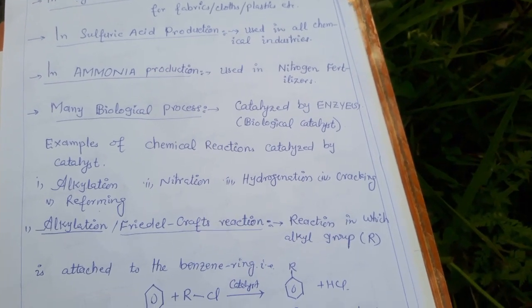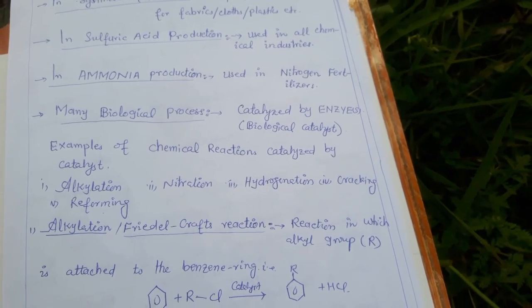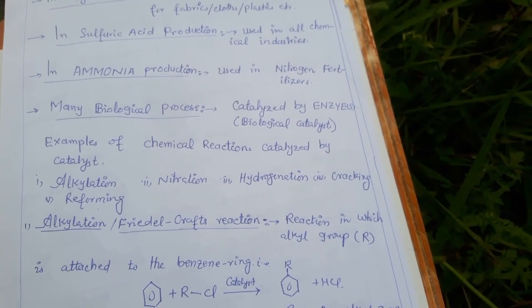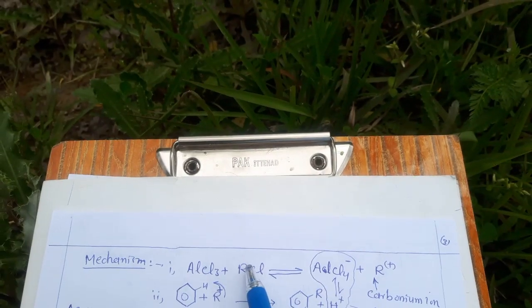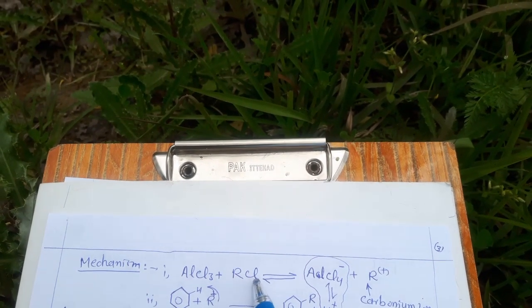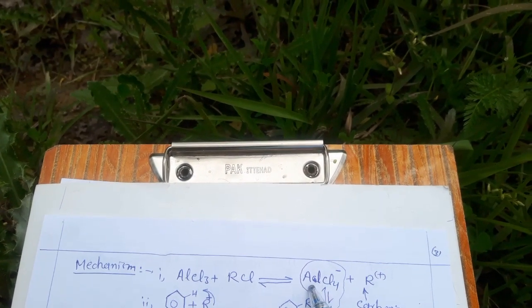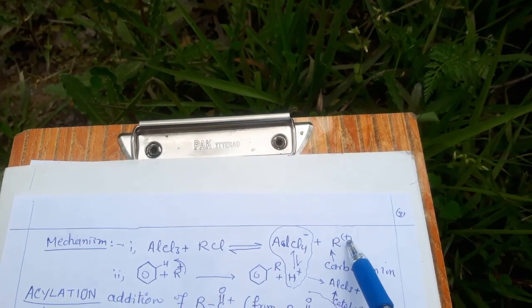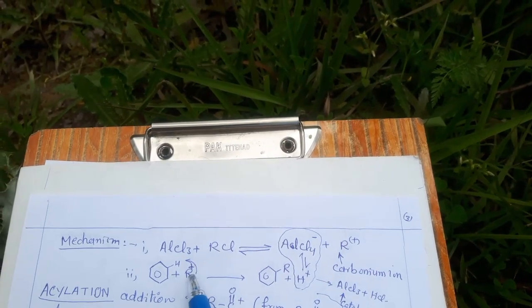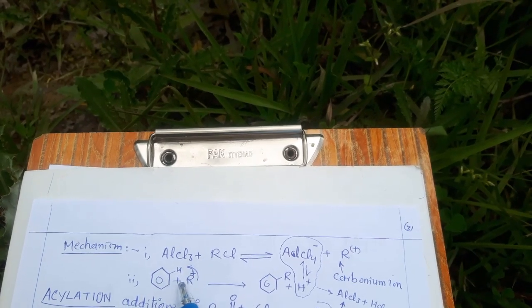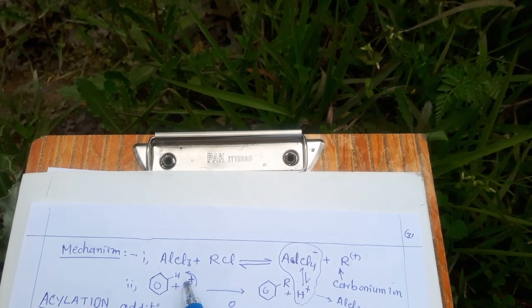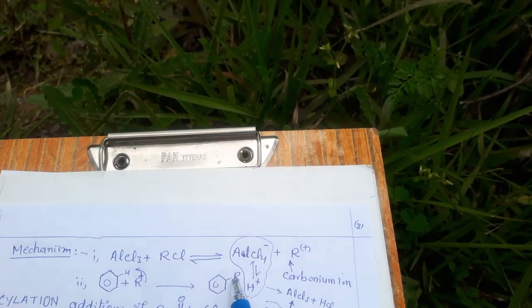The Lewis acid has a strong affinity for electrons, and the Lewis acid abstracts the chloride ion from the alkyl halide, and thus it makes a carbocation. This carbocation attacks the benzene ring and abstracts the proton, and the alkyl group is introduced.